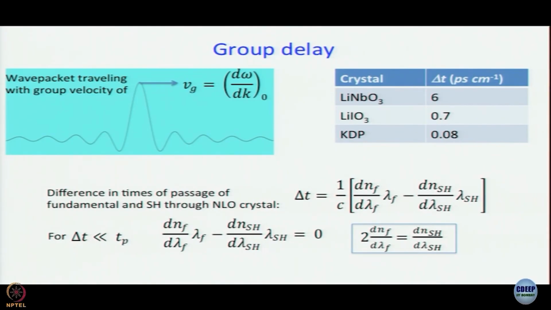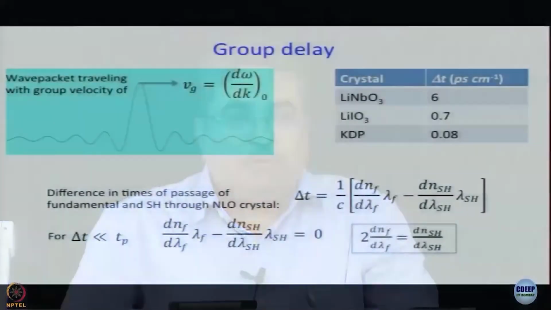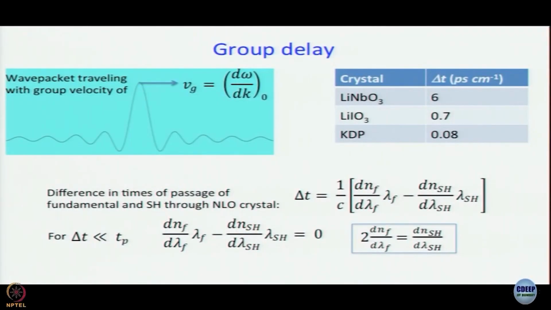So, which is the best out of these three from this point of view? Definitely KDP. Okay. So, the take home message from this module and the last one is that one needs to be careful about several things before one can think of doing second harmonic generation or sum frequency generation using ultra short pulses.